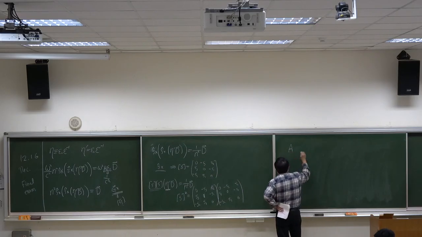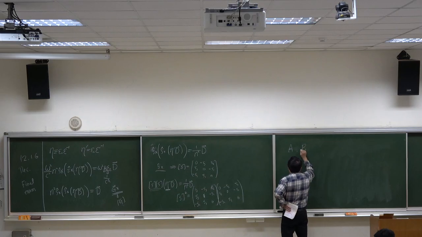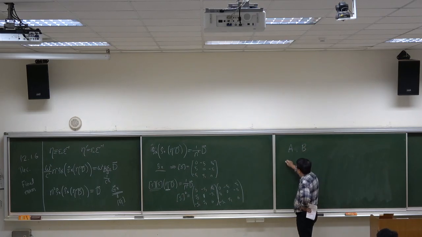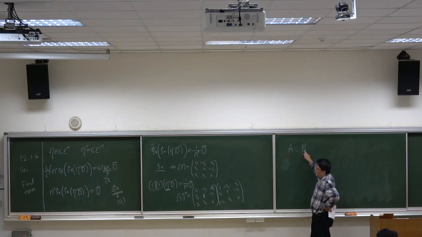Suppose we have two matrices A and B. A and B are two matrices. And suppose every eigenvalue of B is much smaller than any eigenvalue of A.